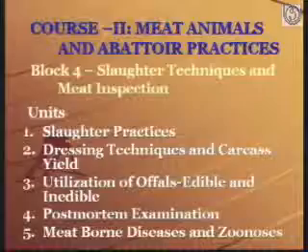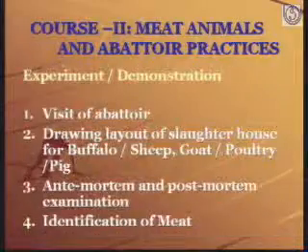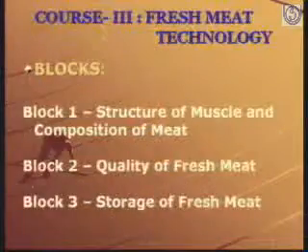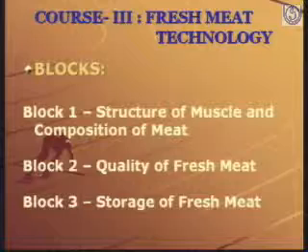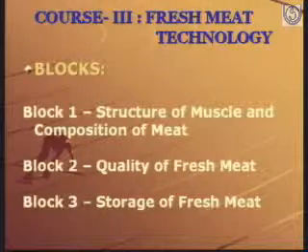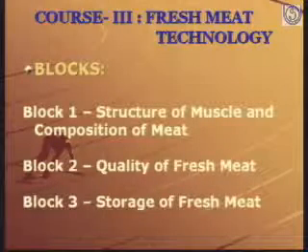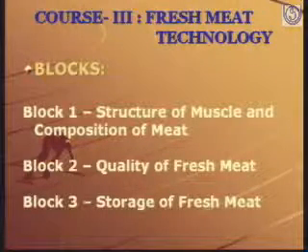So the third course is fresh meat technology. This will consist of three blocks. The first block is the structure of muscle and composition of meat. The second block is about the quality of fresh meat, and the third block is about the storage of fresh meat.